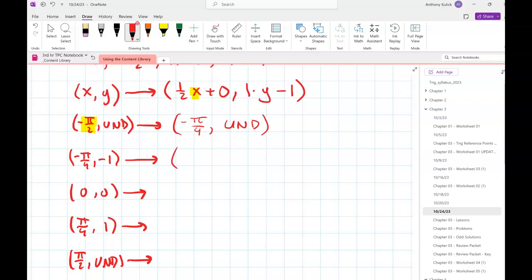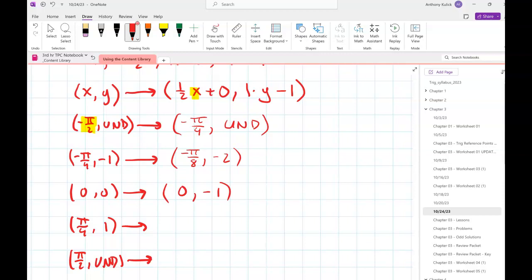Okay. If I plug in -pi over 4 for x, what do I get? -pi over 8. And then 1 times -1 minus 1 is -2. If I plug 0 in for x and 0 in for y, well, that's easy. That's just going to be 0, -1.